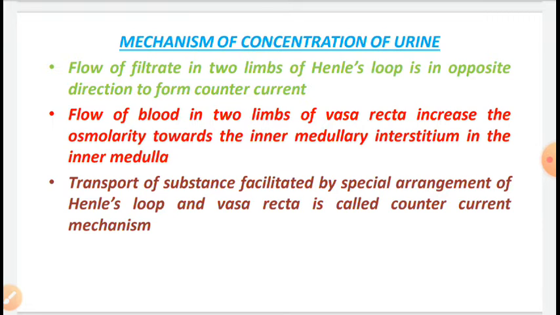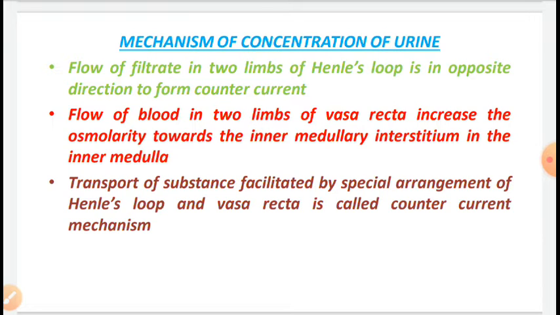It is the entire mechanism of transportation of substances in Henle's loop, the ascending and descending limbs, as well as the transportation through vasa recta. It is spatially facilitated by this type of arrangement in Henle's loop and vasa recta, and it is known as counter current mechanism. Now what is the importance of this mechanism?